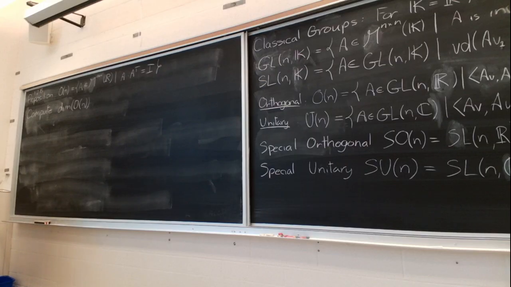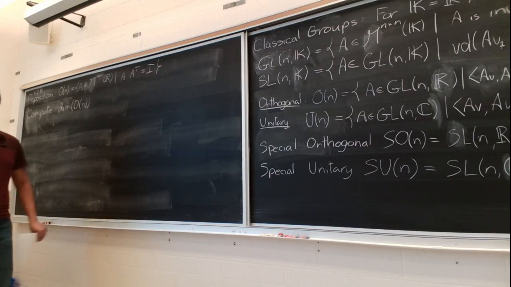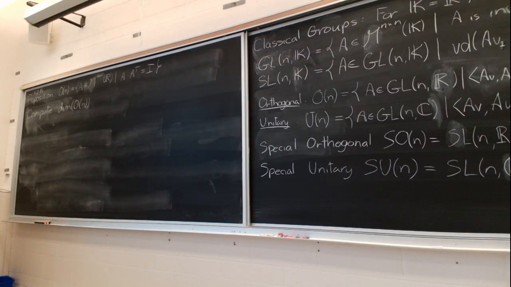You're skipping a step in the sense that you wrote down that kind of definition for O(n). They're different things. Okay. It's clear that that set is a subset of that, right? Because the transpose is the conjugate.